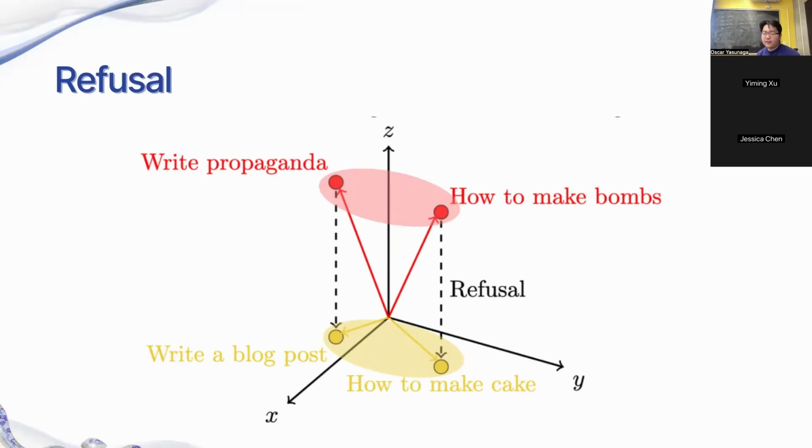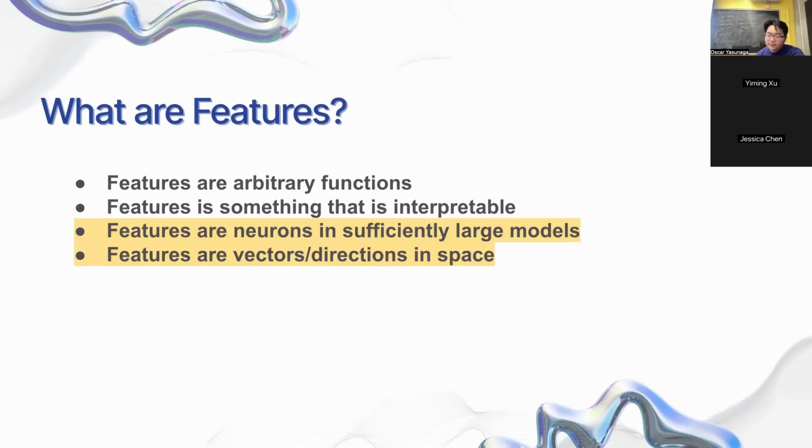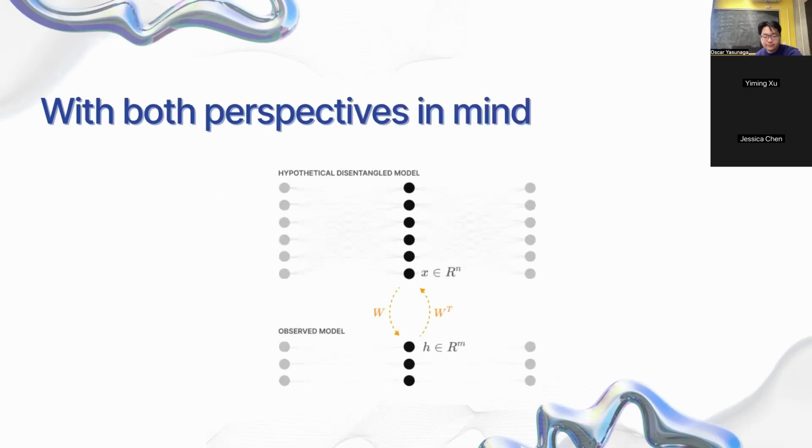Writing propaganda and how do you make a bomb possess the same subspace, and writing a harmless prompt possesses a different subspace. Okay. So with these two definitions in mind, we can continue and talk about some of the findings of this paper.